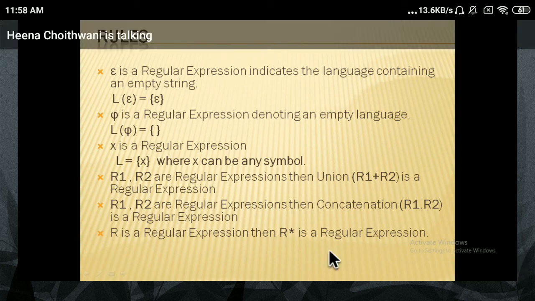Yes, can we say it is nothing but all possible strings containing the symbols from R? I got one answer from Harsh. Harsh is saying set of all strings. Can we say all possible strings which can be made from the symbols of R?